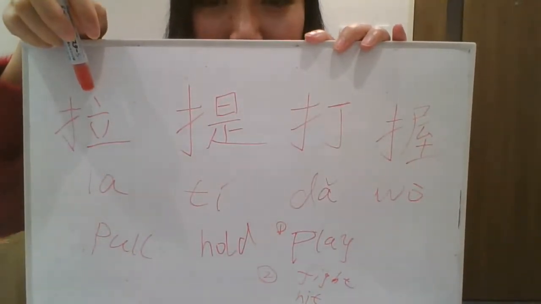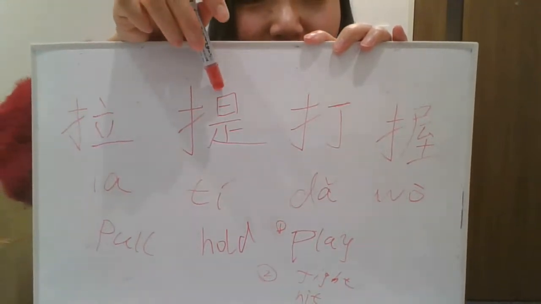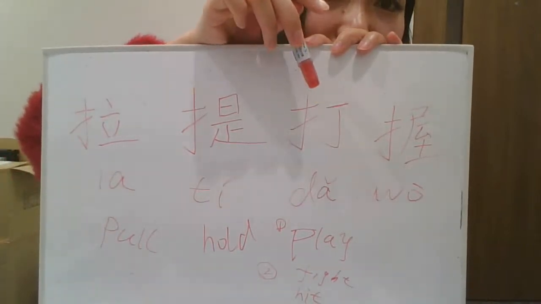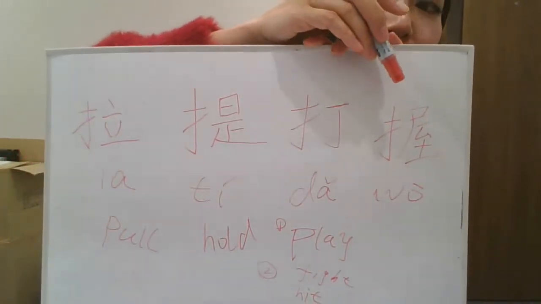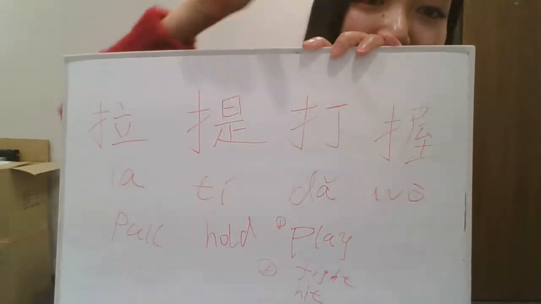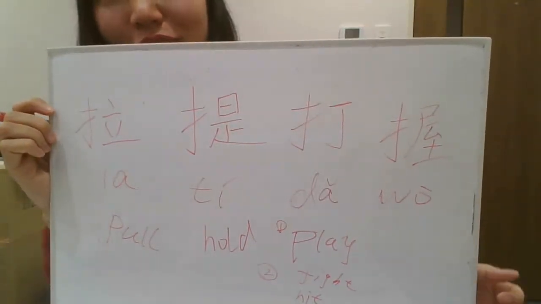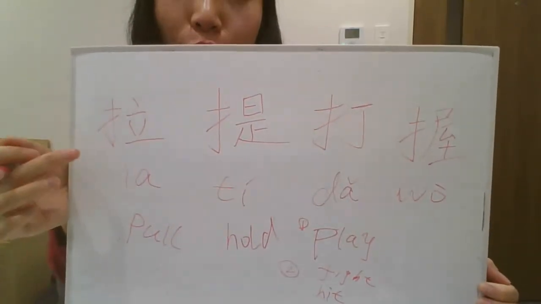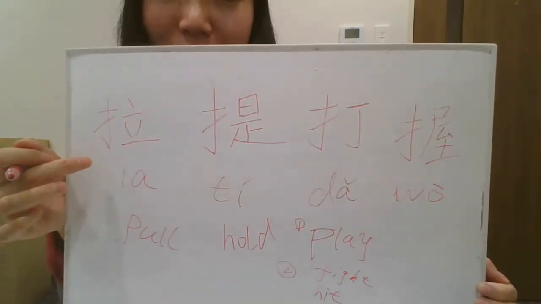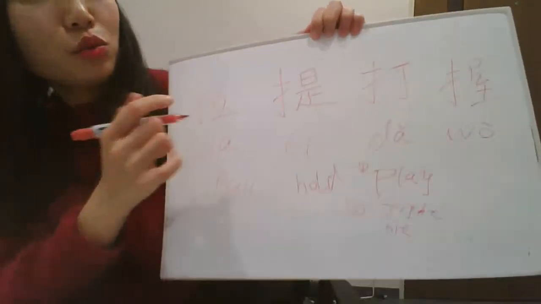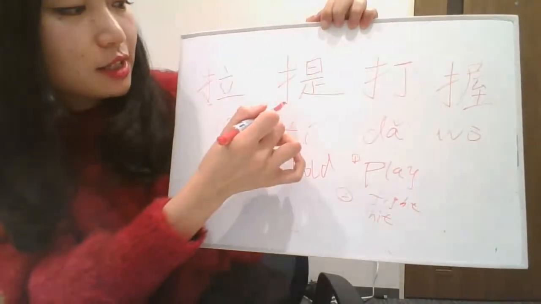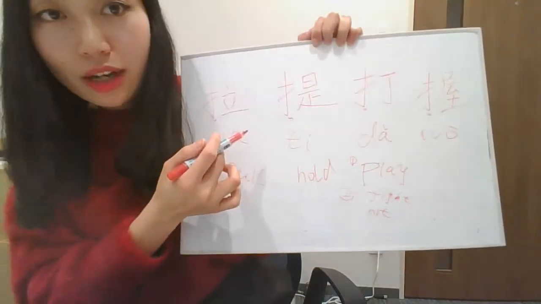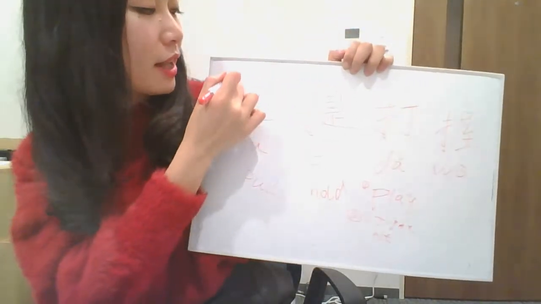拉提打握, good. So why did I give you these four characters here? Because what does this part mean in Chinese? The left part of the characters means the hand.